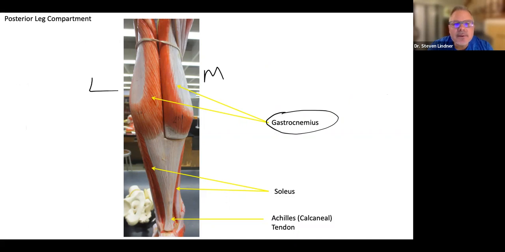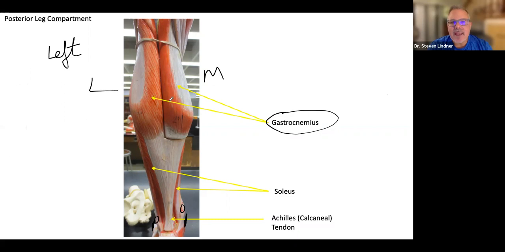Okay, actually, let me take another look at this. Yep, this is medial, this is lateral, this is the great toe, this is the pinky toe. I think I said it backwards. Okay, let's call this the left leg. That would make a little bit more sense. The left leg. So this is the medial malleolus, this is the lateral malleolus, pinky toe, and great toe.